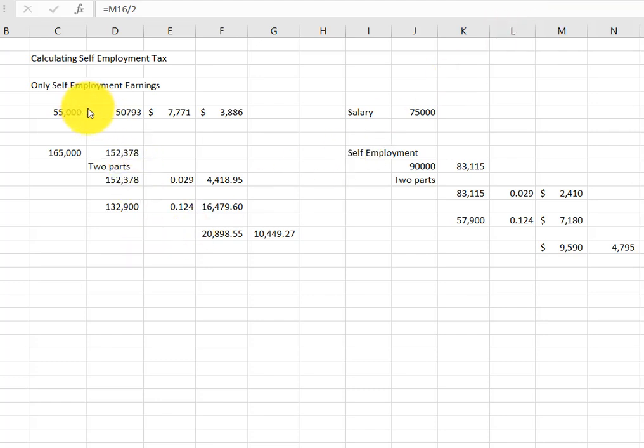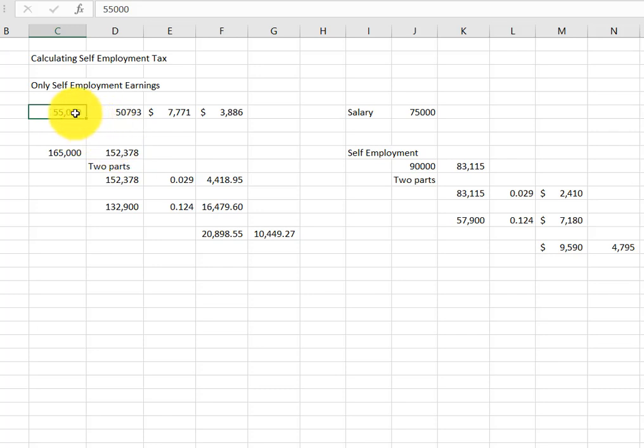So if you only have self-employment earnings, meaning your only income is from a business, where you work for yourself and not for someone else, you're not getting wages, you're not getting paid salary or an hourly wage, but rather you're reporting the income from your business on your return.